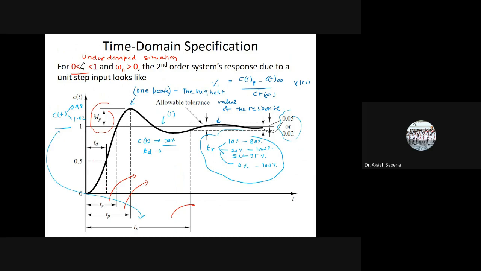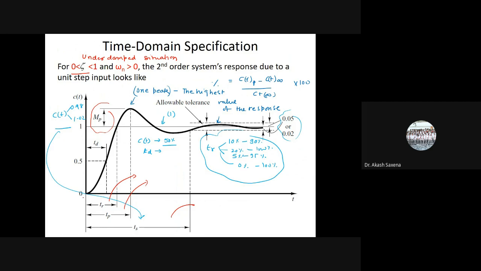When the response reaches 50% of the steady state value, it is the delay time. When it is equal to 1, it is rise time. When it is within 0.05 to 0.02 of the steady state response, it is called the settling time. The rise time is 10 to 90%, 5 to 95%, and 0 to 100%.